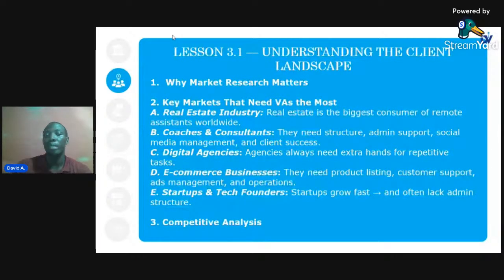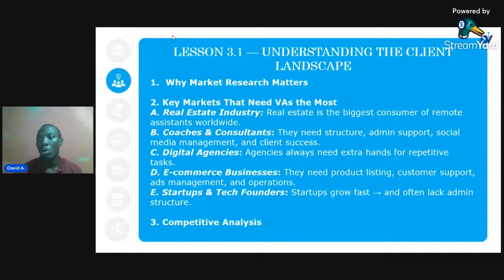Now, number three thing you need to understand regarding the client landscape is the competitive analysis. You should learn to analyze your competitors' agencies. For example, in comparison between DVI and another outsourcing agency, what is their pricing? What is their service bundle? What is their marketing message?